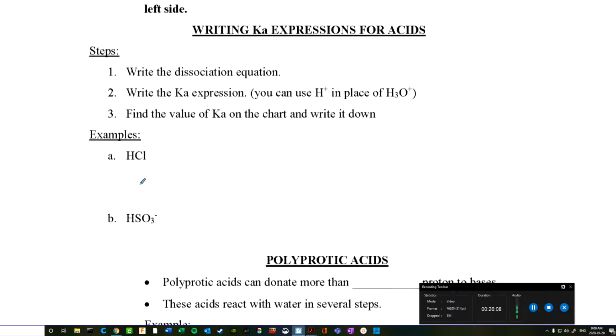Okay, so we're going to see that HCl breaks apart into H plus and Cl minus. Let's just add in here that these are all aqueous.